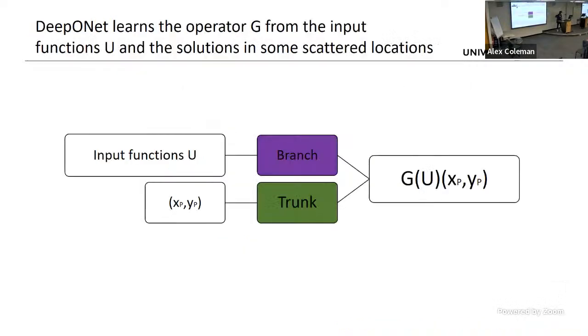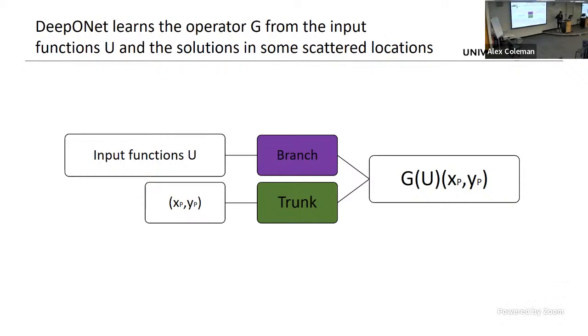So how does it work? DeepONet learns an operator. Neural networks usually learn functions, but an operator is a higher level. It learns the operator G, which receives some input function U. On the right-hand side, G depends on the input function U, and that's the prediction of the network at some point, for example a spatial point X and Y, in location P. There are two neural networks, one called the branch and the other called the trunk.